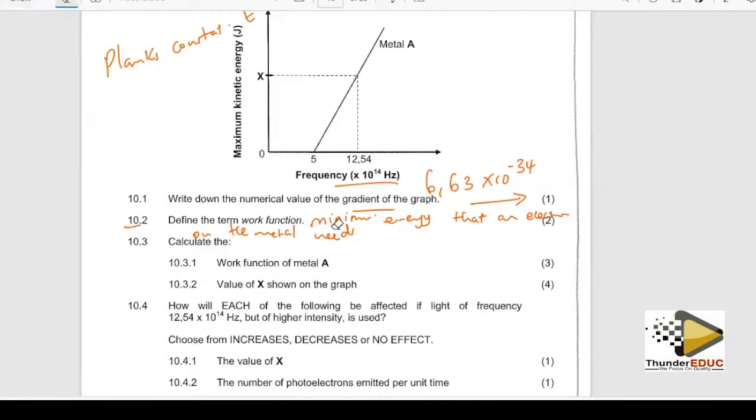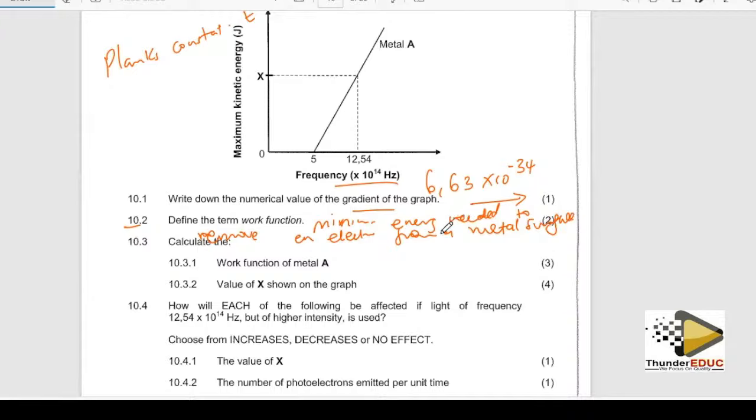Remember, work function is just the minimum energy, the minimum work that must be done to remove an electron from a metal surface. Whichever way you put it, there has to be minimum involved. Minimum energy needed to remove an electron from a metal surface.